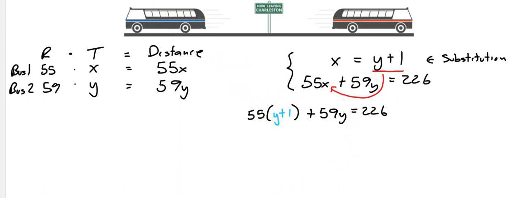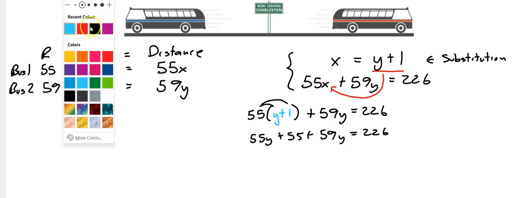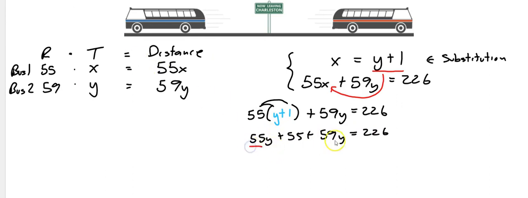Let's take this 55 and distribute it inside the parentheses. That's going to give us 55y plus 55 plus 59y equals 226. Now, add like terms, which is going to be here and here. Then, after we add like terms, we can take this 55 and subtract it from both sides.